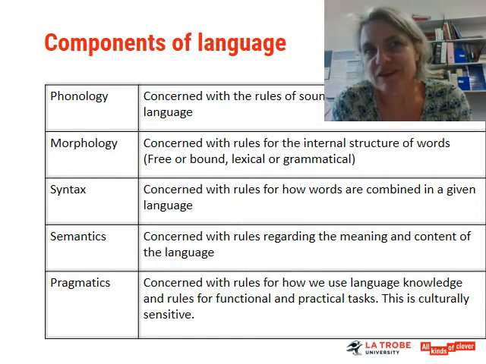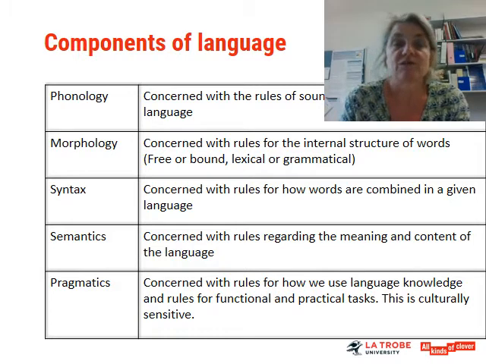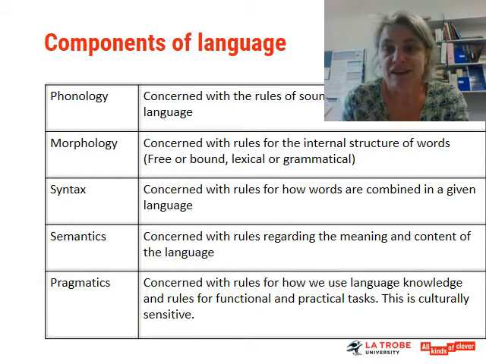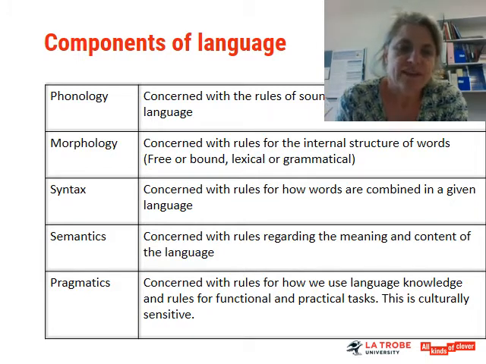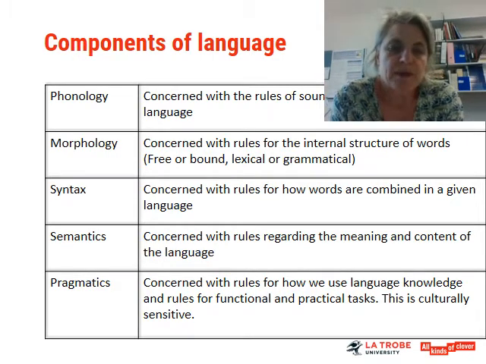It's a little bit old-fashioned now, and probably not terribly politically correct to refer to women as birds, but that is another semantic meaning of the word. So semantics is about understanding what words can mean in different contexts.